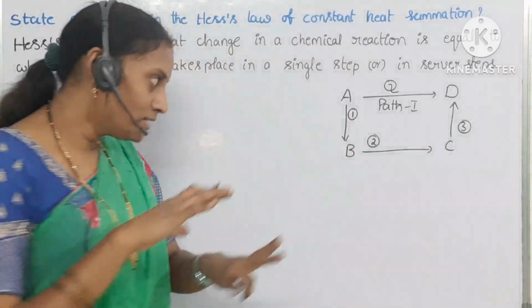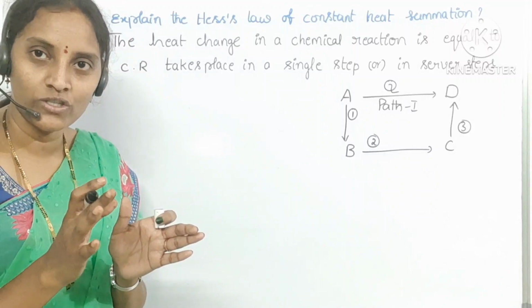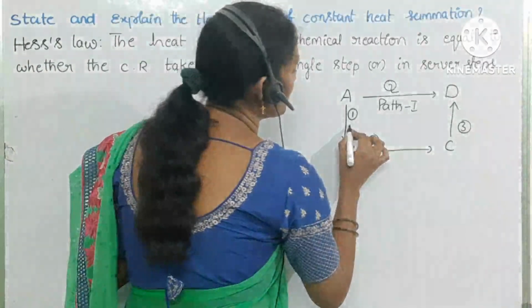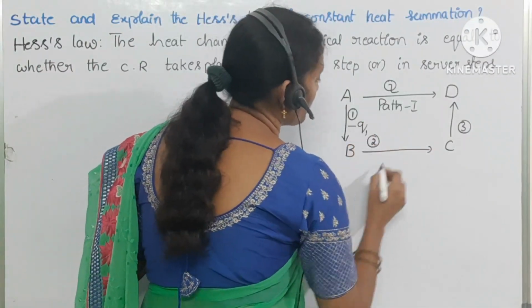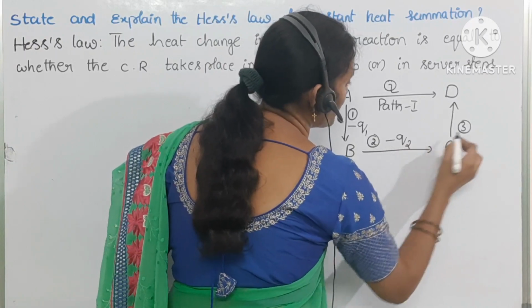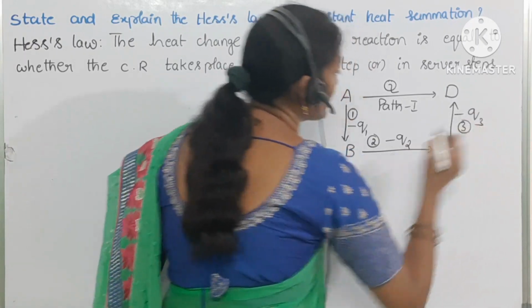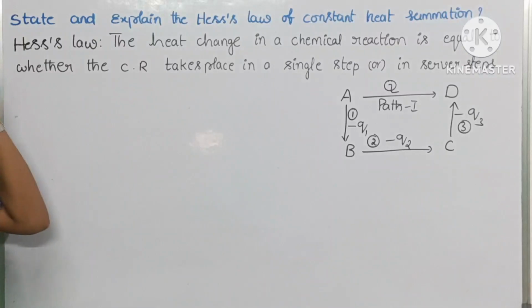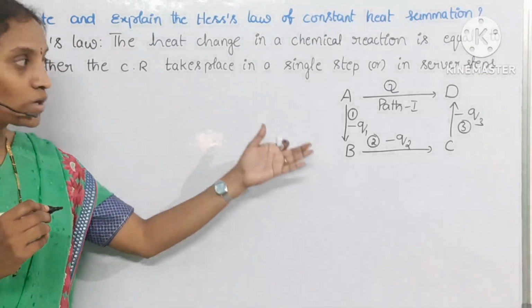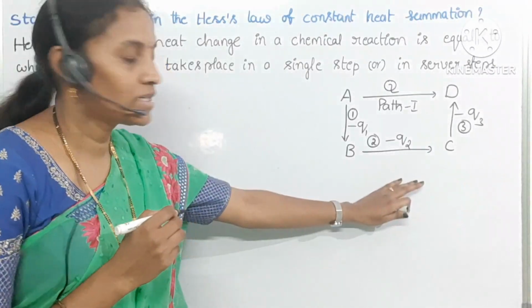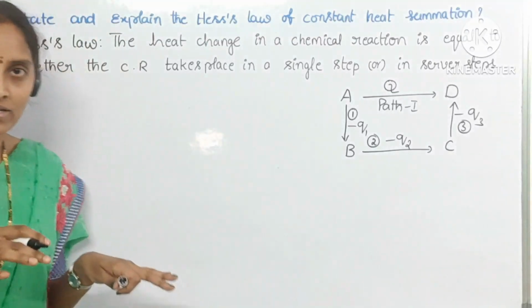In all these three steps, some heat energy is released. That heat energy is indicated with minus Q1 for step 1, minus Q2 for step 2, minus Q3 for step 3. Just remember.